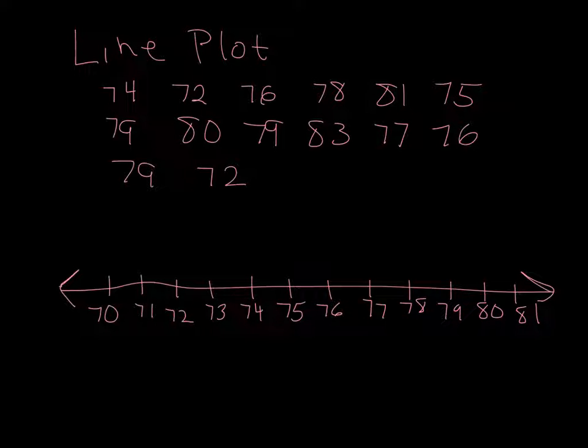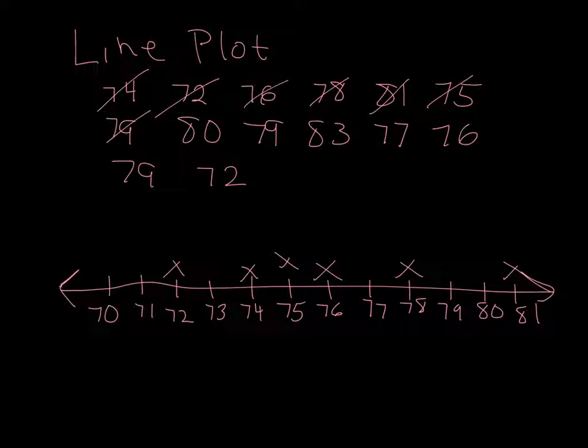Okay, so what we'll do is put X's and start crossing these off as we put an X on the line plot. So 74, we'll put an X right above 74. 72 would go here, 76 here, 78 there, 81 there, 75 there, 79 right there, 80 right there, another 79.